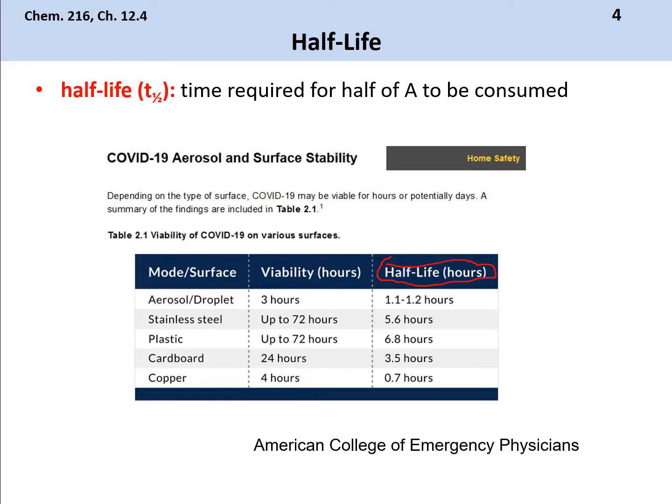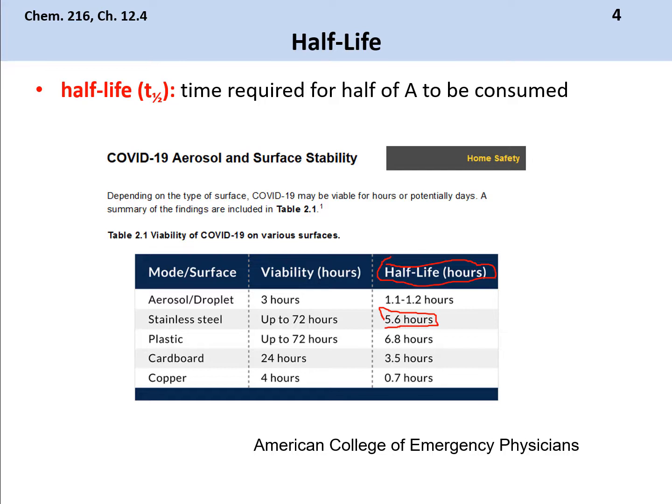What this means is that on stainless steel, if I have 100 viruses on there, 5.6 hours later, I'm going to have half as many. 5.6 hours later, after that, I'll have half as many. Whereas on copper, notice its half-life is smaller, 0.7 hours. So that means that the COVID actually dies quicker on the copper.